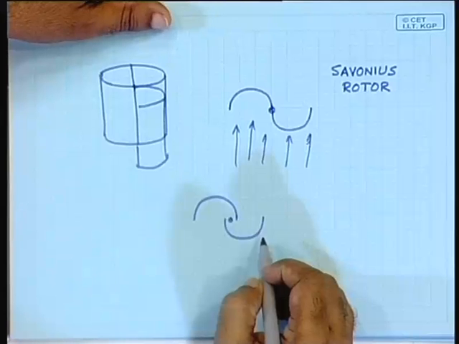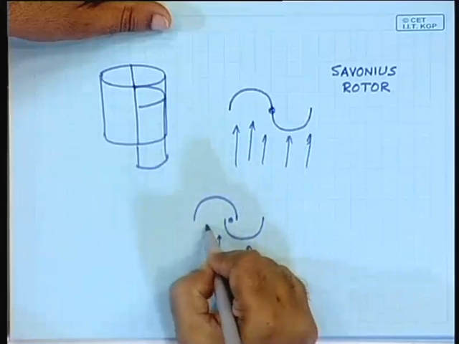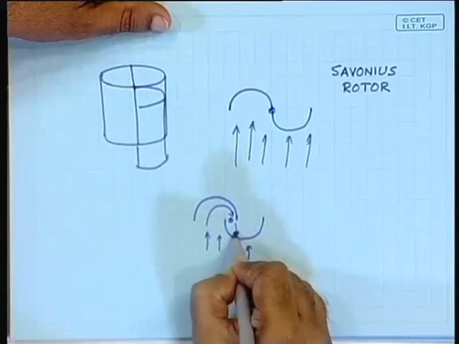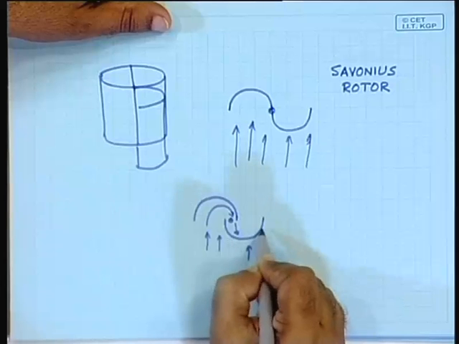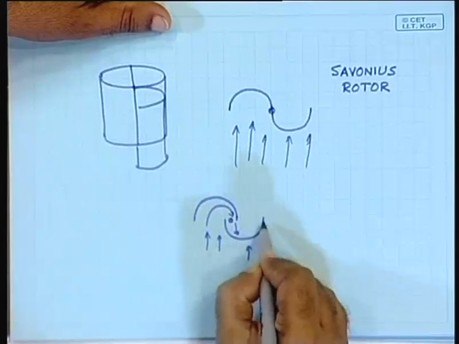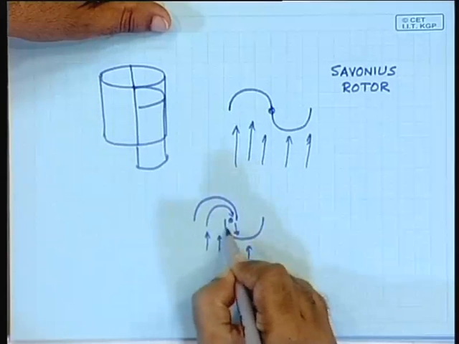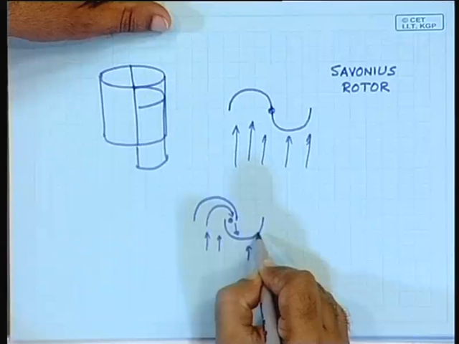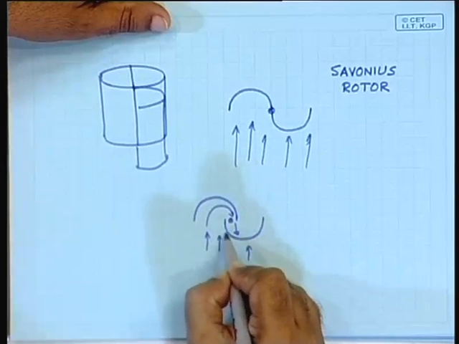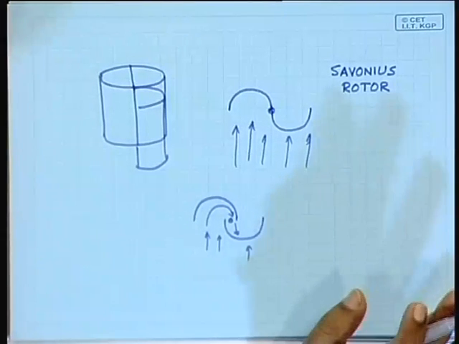Now the reason is that when wind comes and hits, this wind will be deflected like this, and as a result it would exert some additional pressure to this side. So here there would be some pressure because the wind is also coming to this side, but this pressure experienced by this other half has to be reduced, which is achieved by deflecting some of the wind to the concave portion of this half. As a result, the whole torque goes up. Clear?